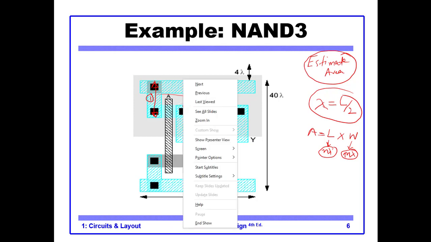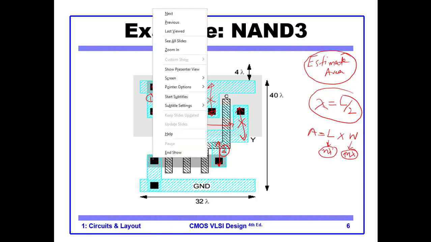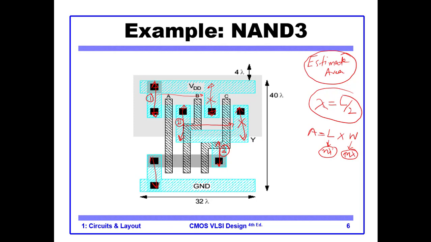Then there is another metal layer from here to here. This is our second metal layer, and we are not considering this one again because both have the same height. Then this one is our third metal layer, and from here to here we have our fourth metal layer.